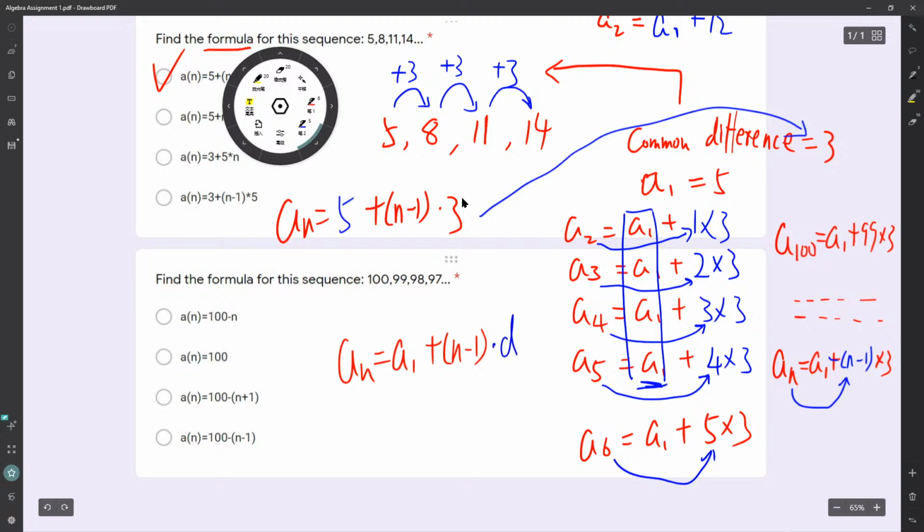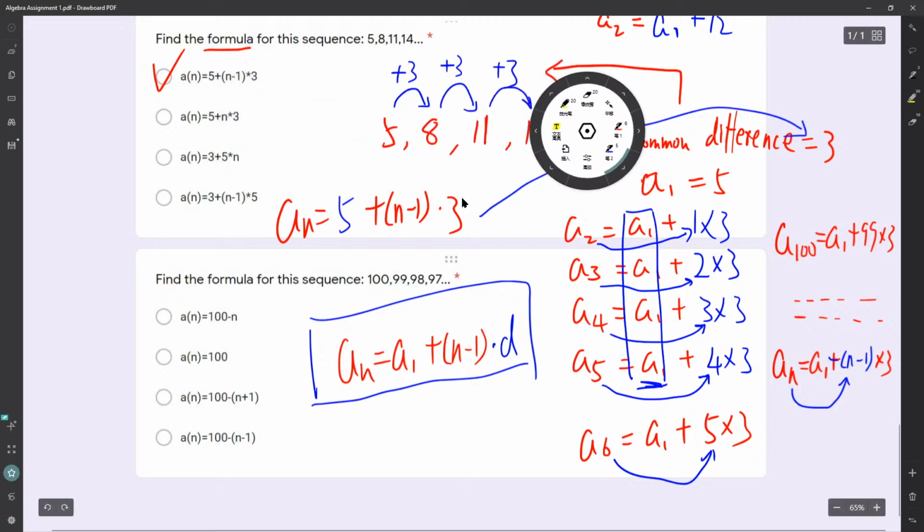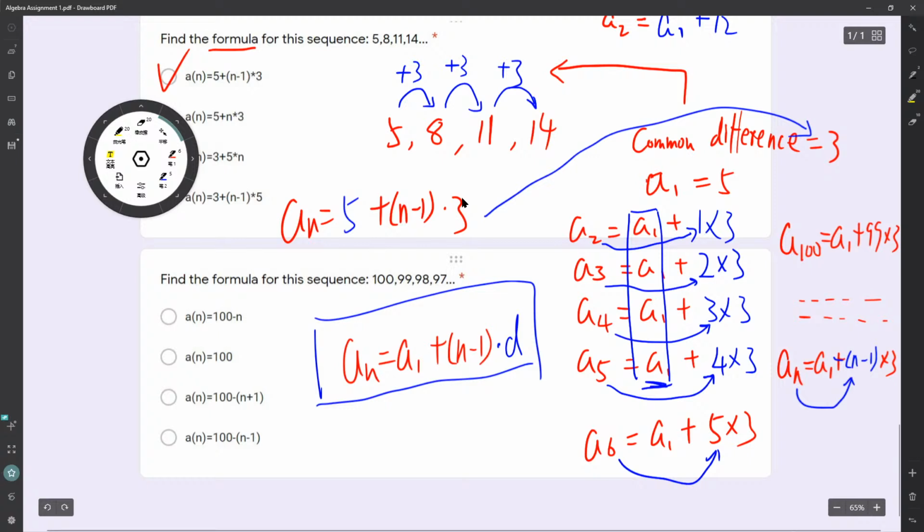We use a letter D here. So this is a general formula for all arithmetic sequences: AN equals A1 plus n subtract 1 times the common difference. And we're going to use this general formula to do the last question because I don't want to repeat the whole process again.